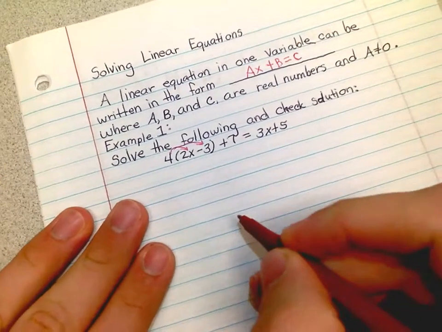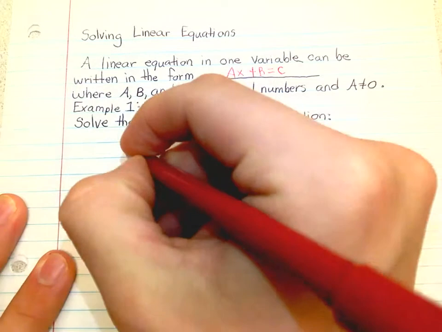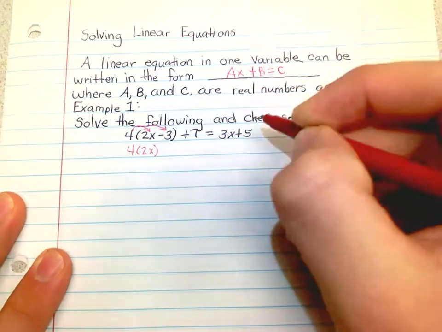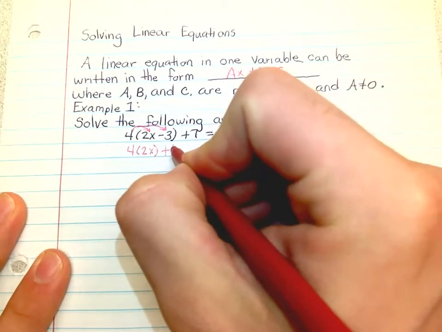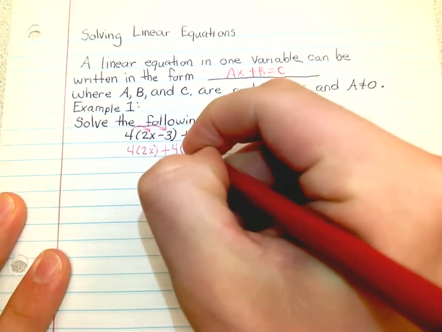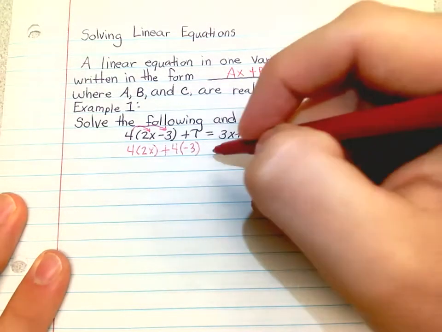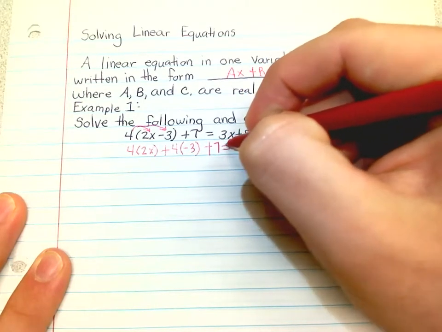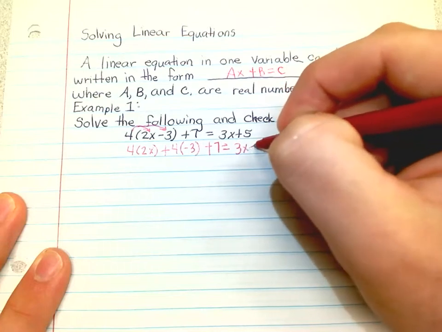So when we do that, let's see what we have. 4 times 2x, and remember that's a positive 4, so let's put positive 4 times negative 3, because 3 is a negative. Let's just bring the plus 7 down. Equals. We haven't even touched this, so let's just bring it on down as well.